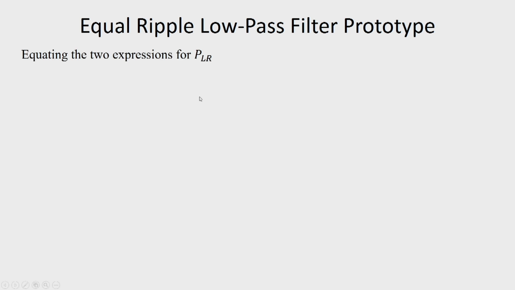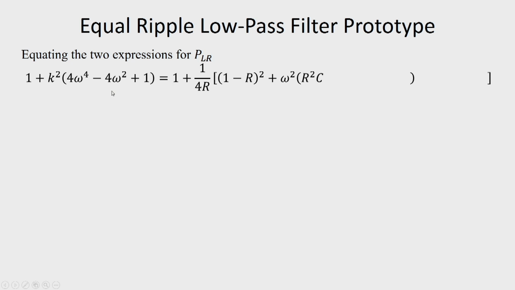Equating the two expressions for PLR, we get this equation. The left hand side is from the Chebyshev polynomial and right hand side comes by deducing the expression for PLR for the circuit shown in the previous slide.